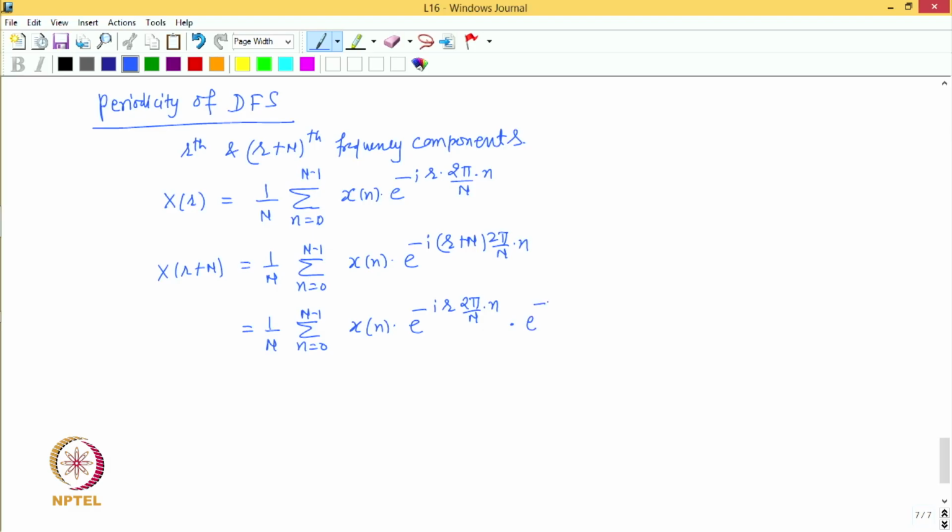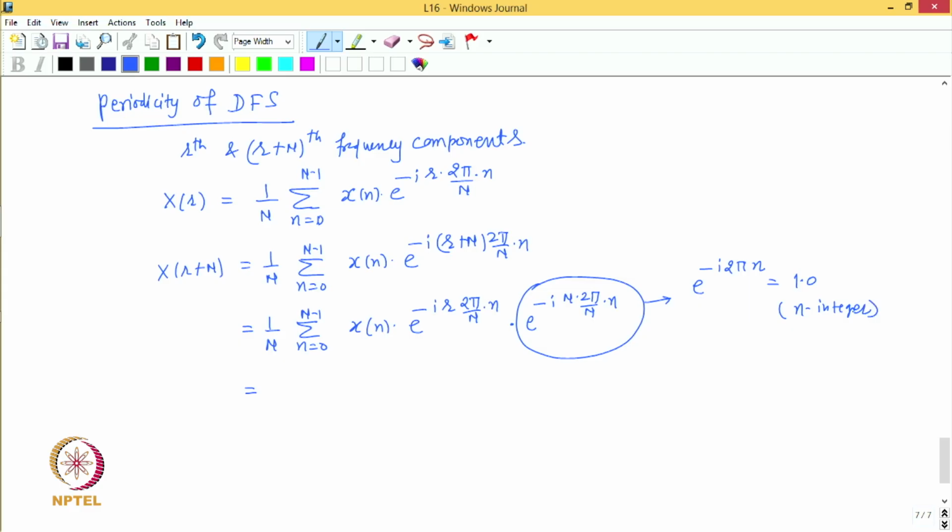e to the power minus i N 2 pi by N into small n, right, and therefore, if you look at this quantity, this quantity is nothing but e to the power minus i 2 pi n, right, and this is always equal to 1 because n is integer.